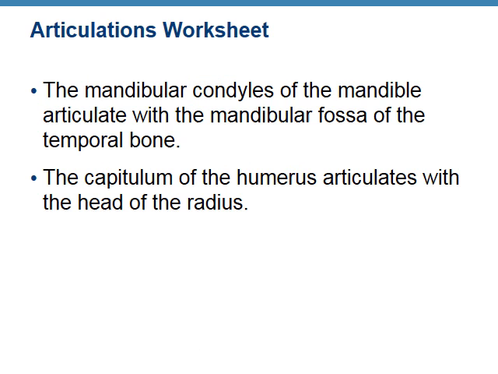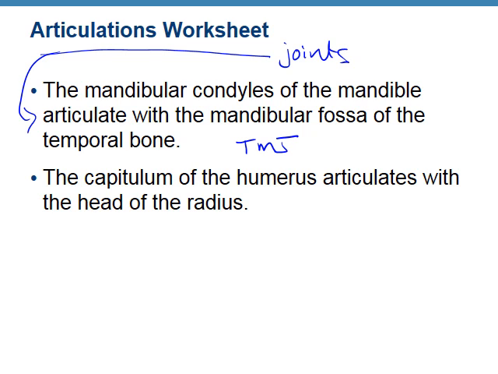The last thing to look at are these articulation sites. You can also say these are joints, but I want you to be able to explain the joint. So this is our TMJ, right, our temporomandibular joint, but can you also break it down into the bones and the bone features? So the mandibular condyles of the mandible articulate with the mandibular fossa of the temporal bone.